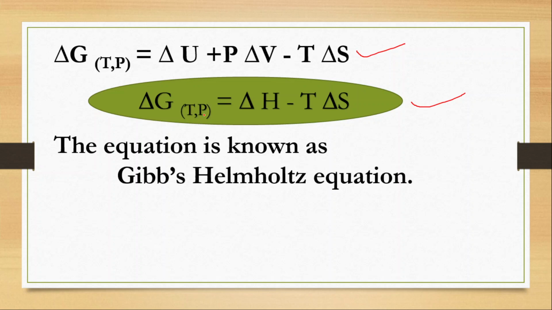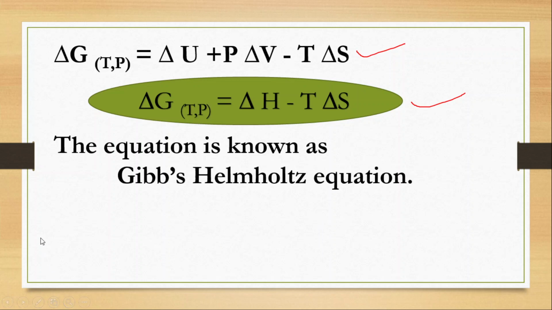T and P are constant; that is what we have written as subscripts indicating constant terms. So at constant temperature and pressure, delta G equals delta H minus T delta S, which is called the Gibbs-Helmholtz equation.